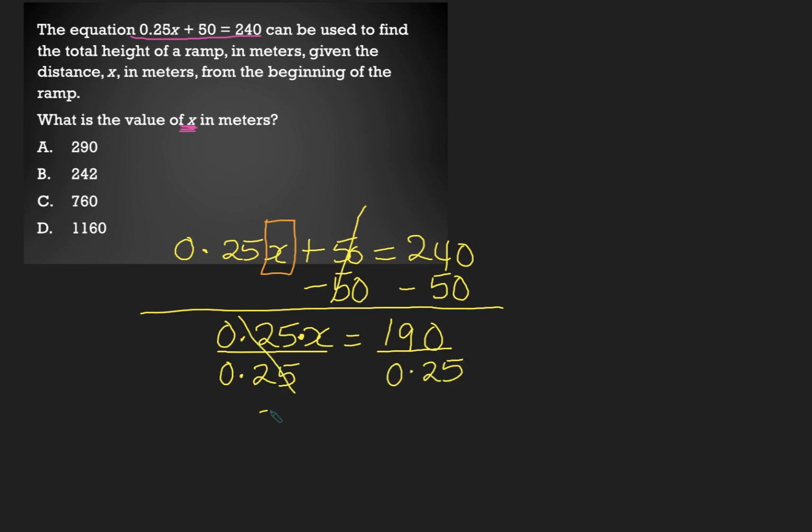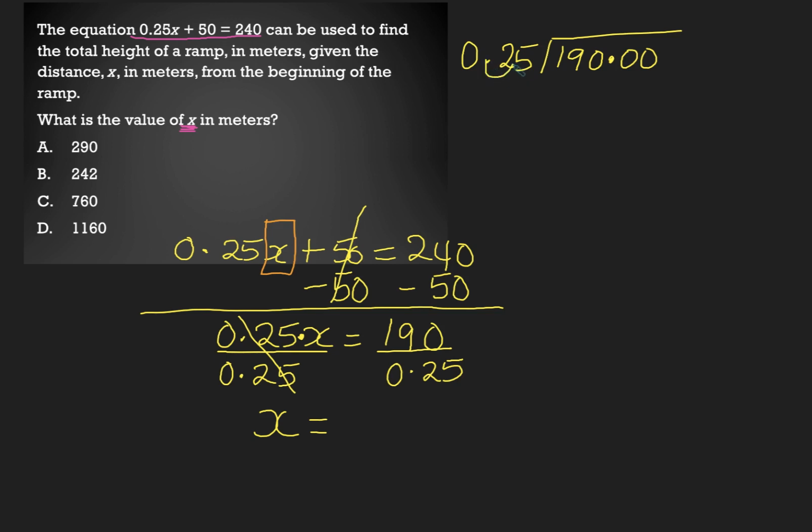That cancels. I have my x isolated, and now I'm going to do my division. My divisor is 0.25. My dividend is 190. I'm going to make it a decimal, so I'm going to think of money, $190. Remember, when you're dividing decimals, your divisor must be a whole number.